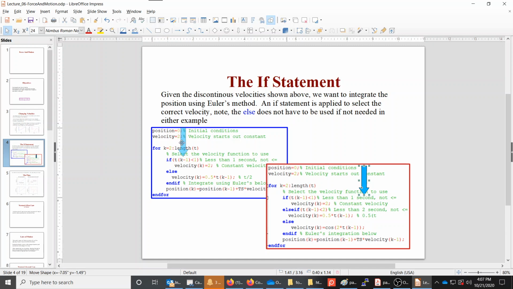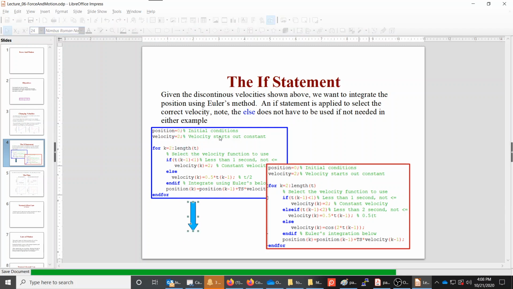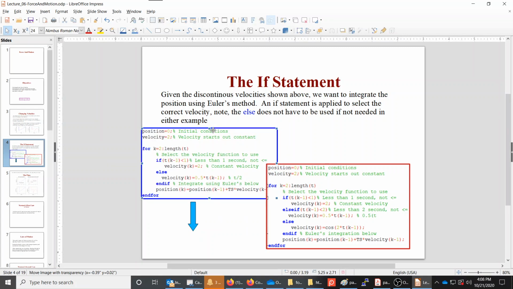In this first plot, if I'm using my normal time step of 10 milliseconds, 0.01, then for every t element in my t vector where the magnitude of t is less than 1 second, my velocity is just going to be that constant value of 2.